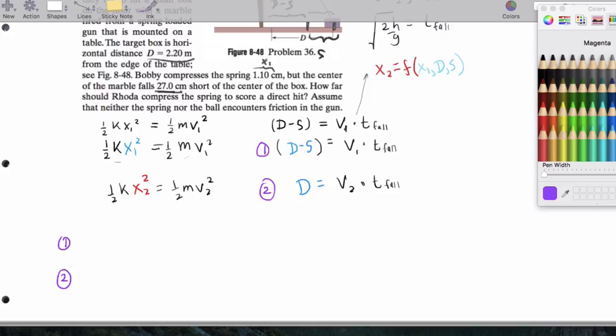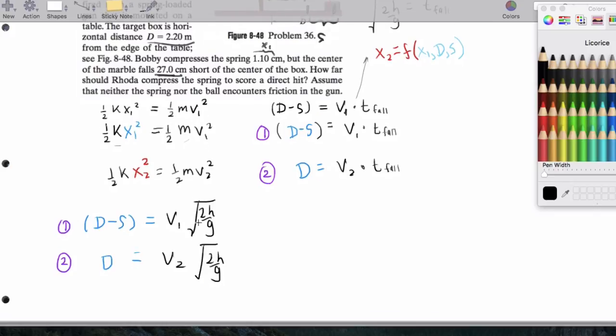I'm going to write this as d minus s equals v1 times square root of 2h over g. And then the second one I can write simply as d equals v2 times square root of 2h over g.